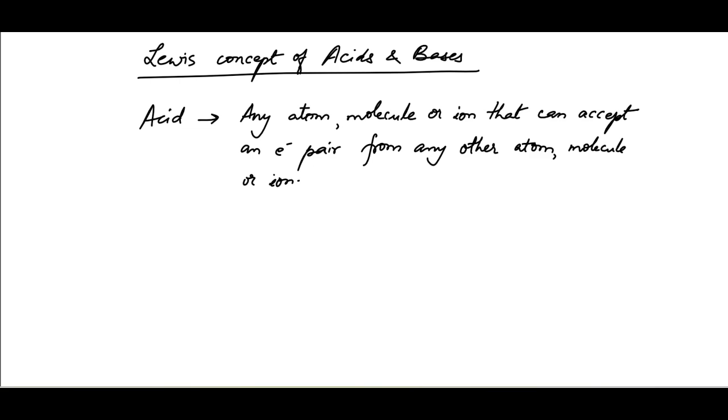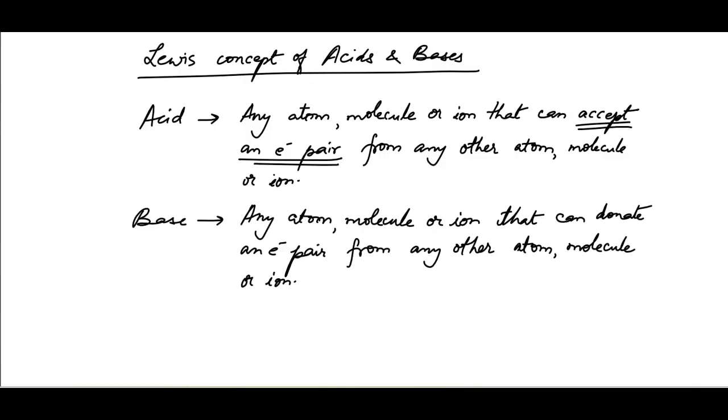Similarly, base is any atom, molecule, or ion that can donate an electron pair to any other atom, molecule, or ion. So one which accepts an electron pair is an acid, one which donates an electron pair is a base.